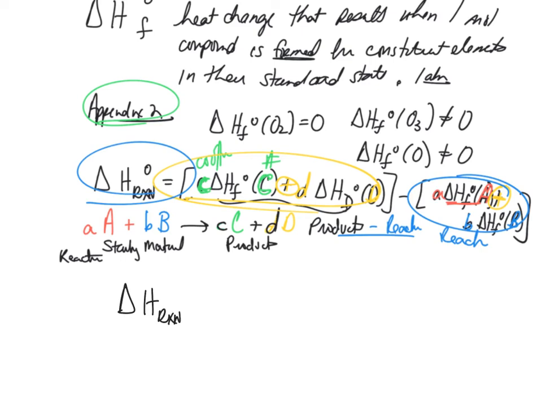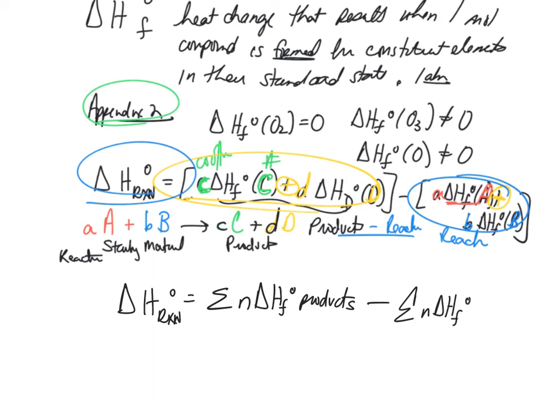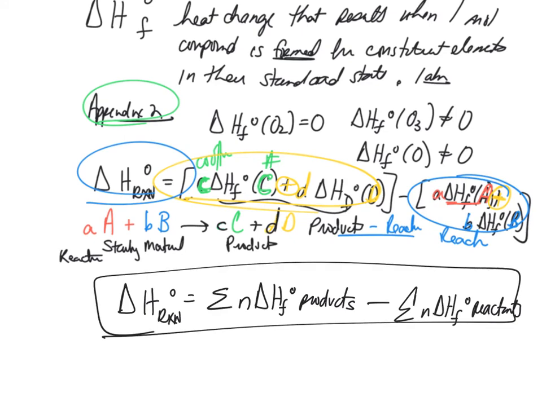Delta H of reaction is the sum of all of the delta H of formation of products, minus the sum of all the delta H's of formation of your reactants. And that's your equation that you have to apply.